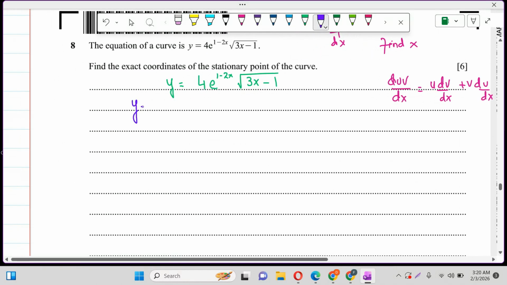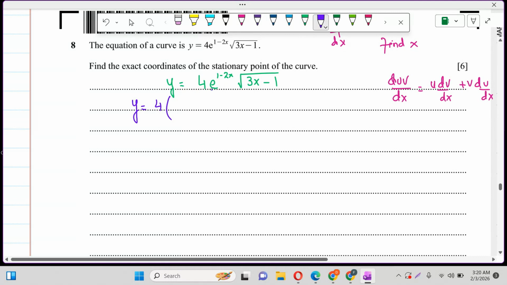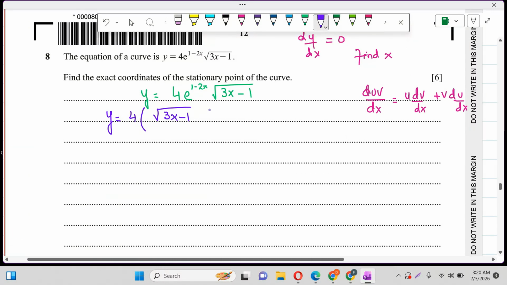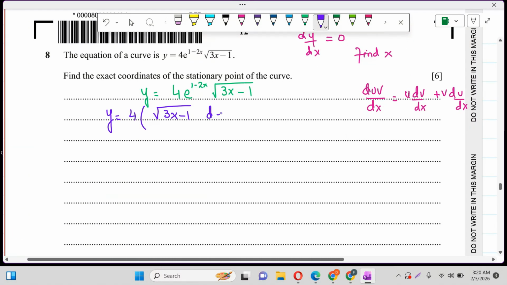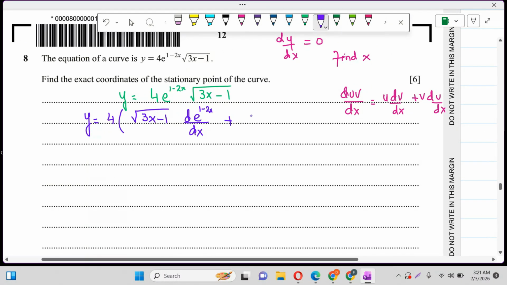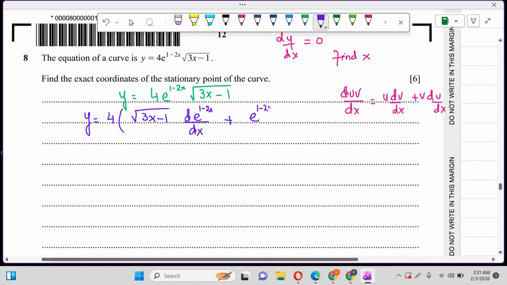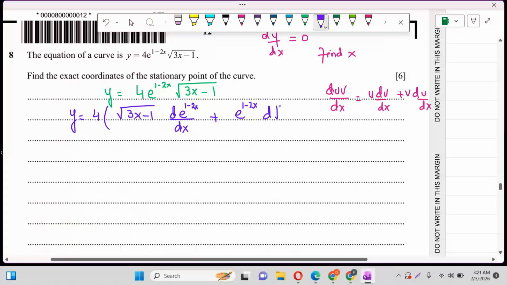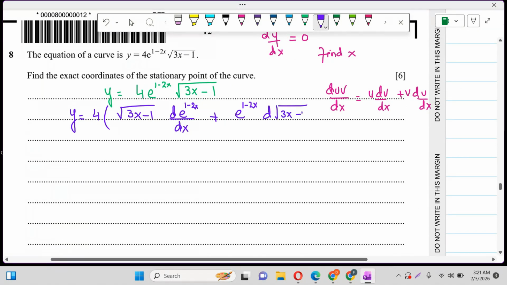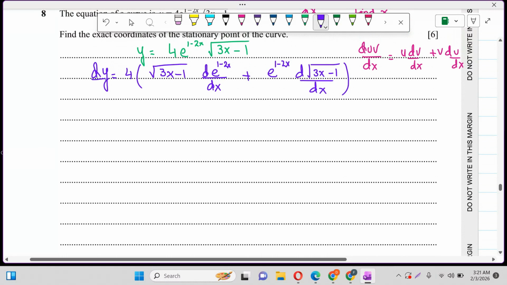So y equals 4 times u times v, where u is the exponential and v is √(3x - 1). Sorry, this one is dy/dx.